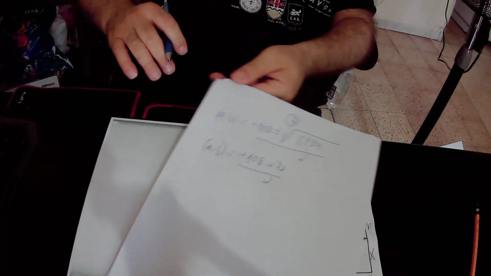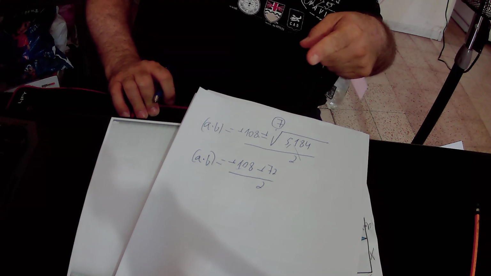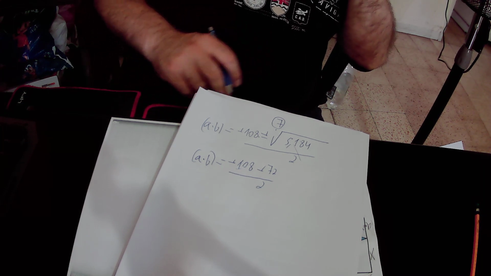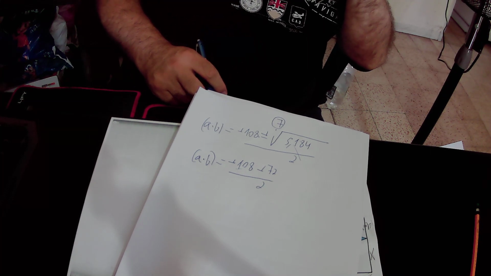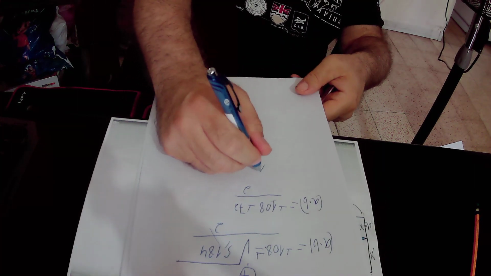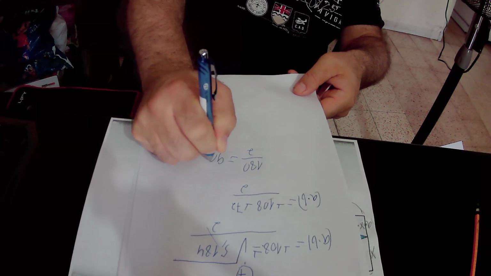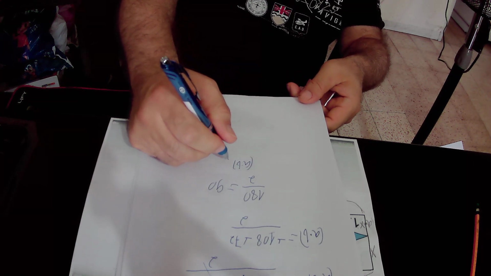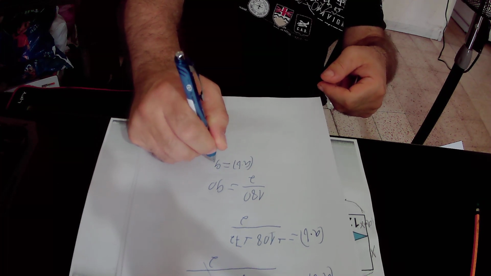So, as I already told you, the root of 5,184 is 72, and 108 plus 72 is 180, and 180 divided by 2 is 90. So the first answer is that A times B, or the first root of our quadratic equation, is 90 units.